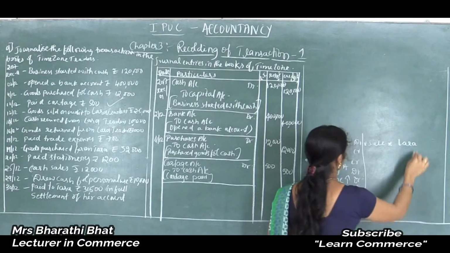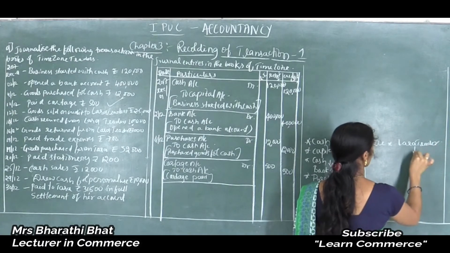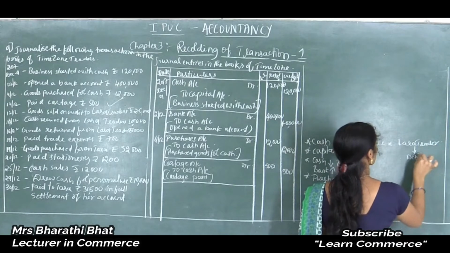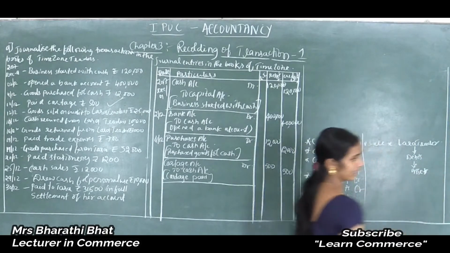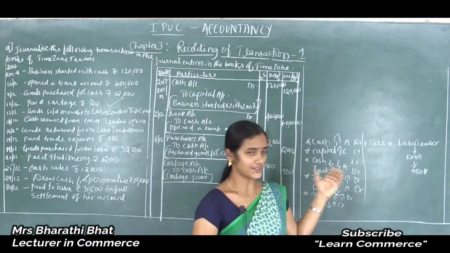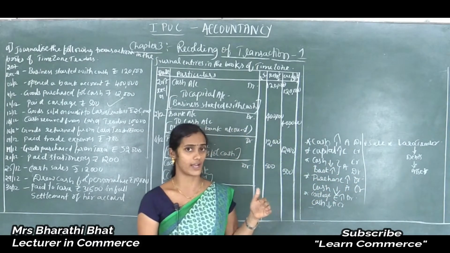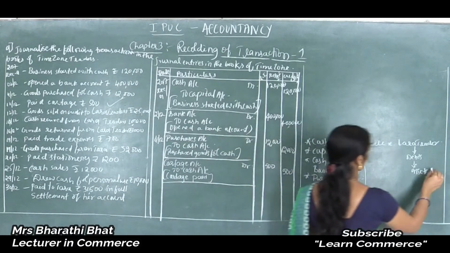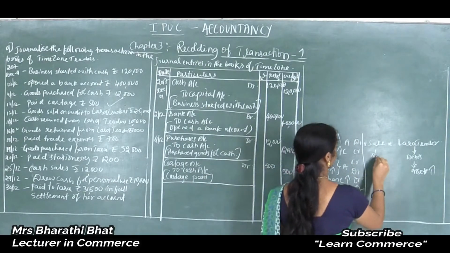Who is Lara Traders here? Debtor or creditor? Here Lara Traders comes under debtors. Debtor comes under assets. Creditor comes under liability. Does our asset Lara Traders show increased value or decreased value? It's showing increased value. Correct, right? So sales comes under revenue.